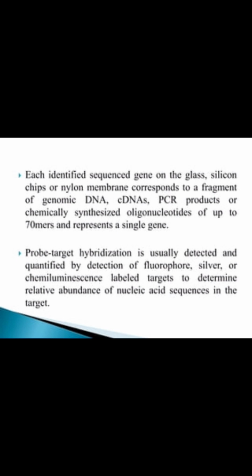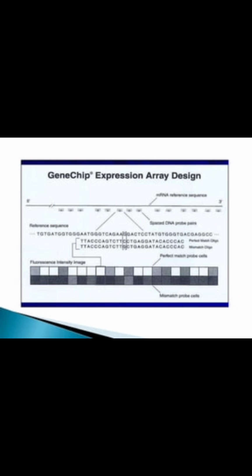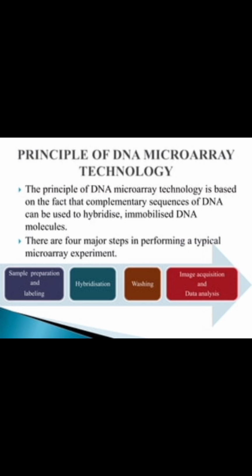Probe-target hybridization is usually detected and quantified by detection of fluorophore, silver, or chemiluminescence labeled targets. The diagram depicts the gene expression array design, and two types of DNA microarray will be tested.